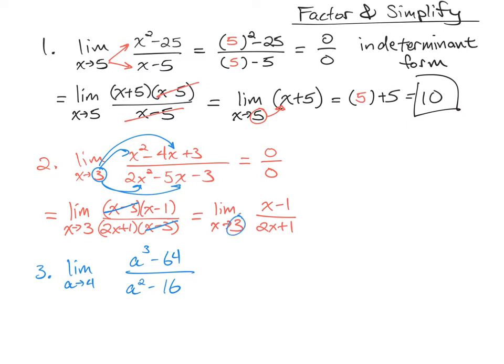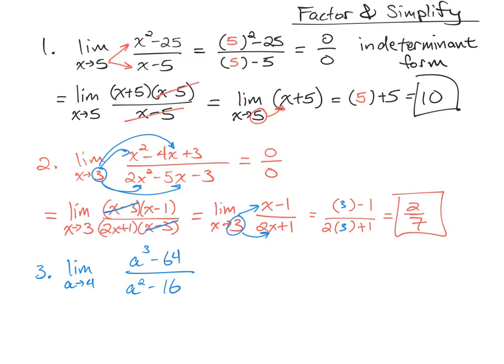Now the direct substitution can be made for these x's, leaving you with 3 minus 1 over 2 times 3 plus 1. And when you simplify all this down, you'll end up with an answer of 2 over 7.